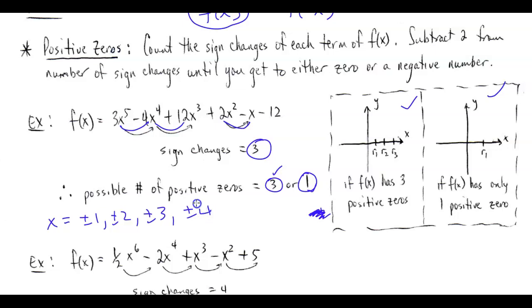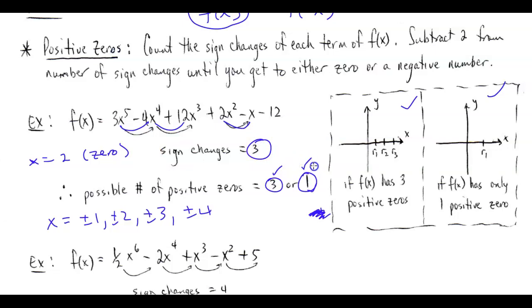Let's start by trying all of the positive numbers, and say we know that x equals 2 is a zero of our polynomial. If we try 1 and then 2, and x equals 2 is a zero, then that is going to be the only one.